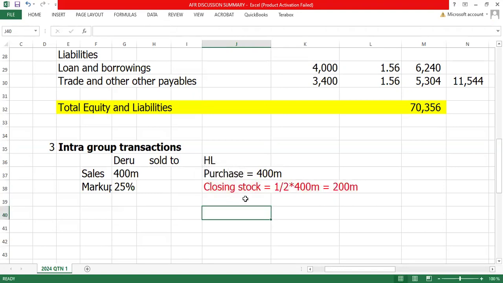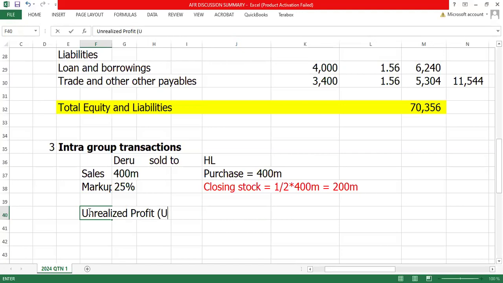Because this is stock that is not sold, we need to determine what we call the unrealized profit, which we normally abbreviate as URP, unrealized profit on closing stock.